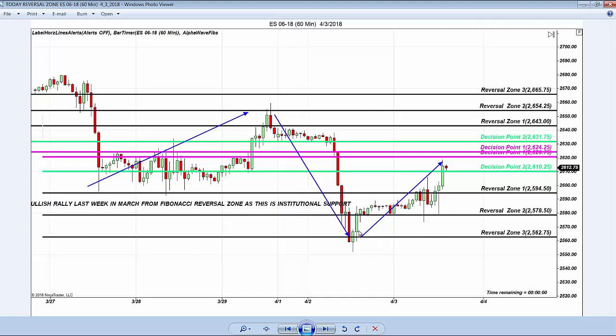Do you remember this trend inception at reversal zone? Do you remember market collapse from reversal zone? This is a key. This is where market collapsing from, and this is where bullish rally had started from. Only Fibonacci can identify these levels in advance, and that's a key.